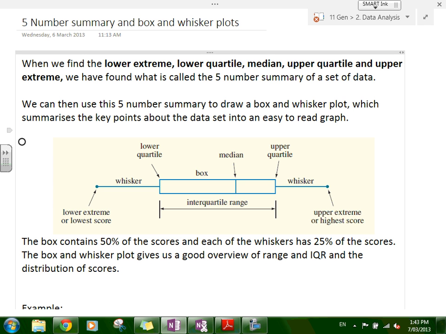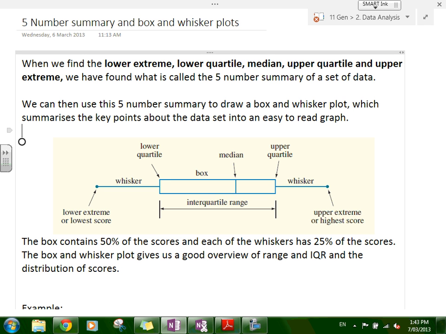So it's a good way, like I said, to have an overview of the range, the interquartile range, and how it's distributed. Okay, so if the box is down here and the lower whisker is very short, it tells you that the majority of the data is low and you have some outliers, or some data up the top. Or it's evenly distributed, or it might be skewed towards the upper end.